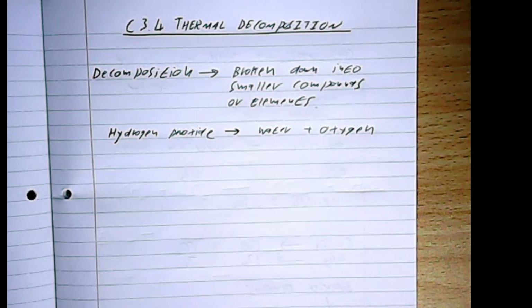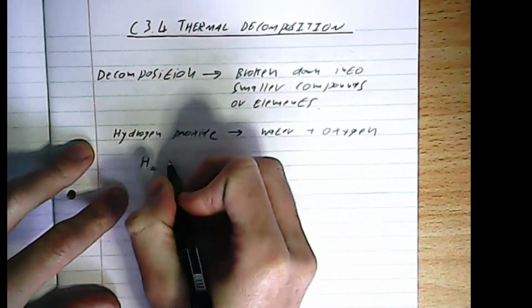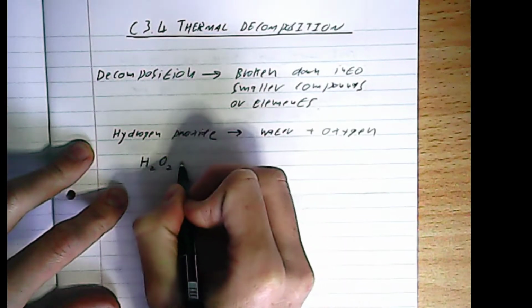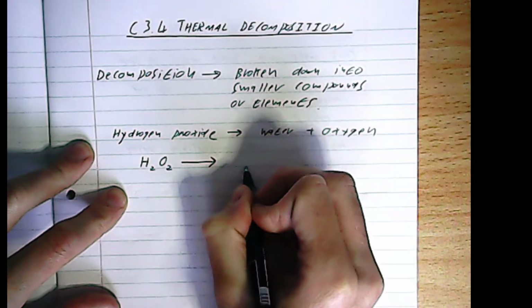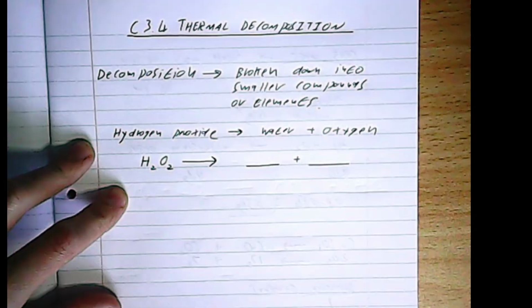produces water and oxygen. Now, if we do some formula equations for this, you've got hydrogen peroxide, which is H2O2. That breaks down into water and oxygen.